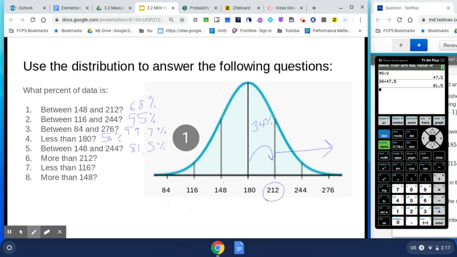So we had said earlier that the right side of the distribution is 50%. So I'm going to subtract those two values. So 50 minus the 34, that's going to leave me 16% of data to fall on that right tail. So more than 212 is going to be 16% of the data.